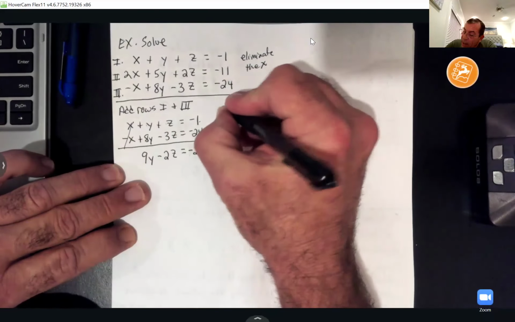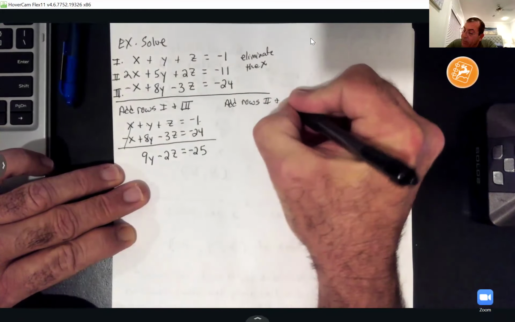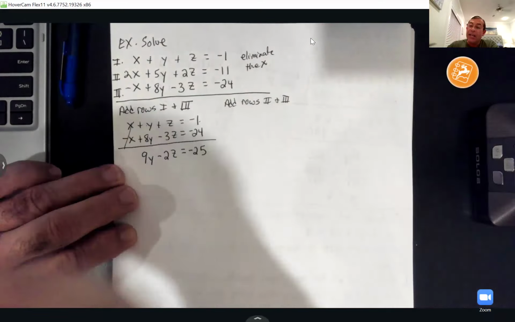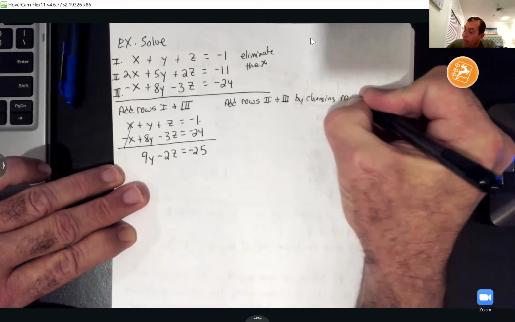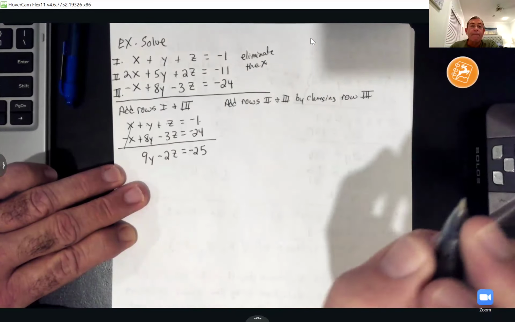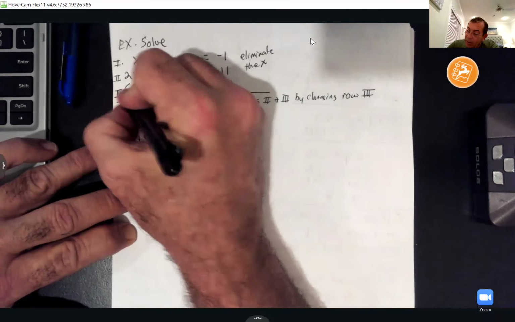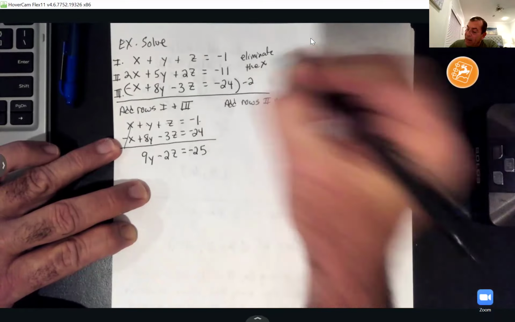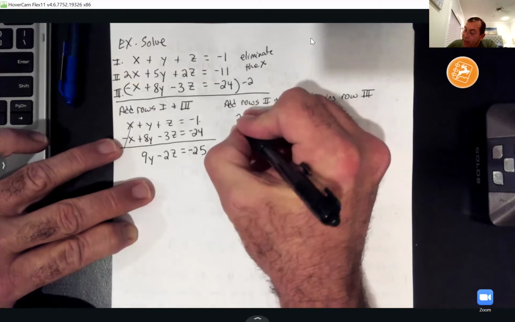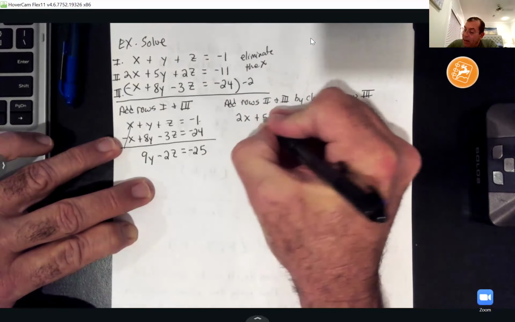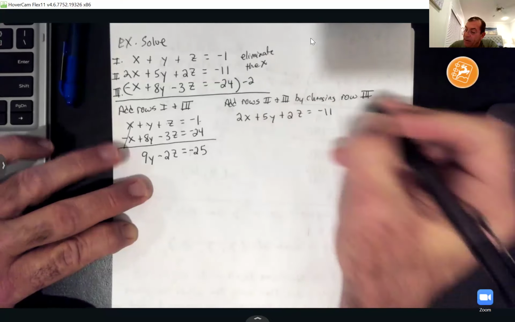So I'm going to add rows 2 and 3 by changing row 3. So I'm not changing row 2, I'm bringing it down, which was 2x plus 5y plus 2z equal -11.